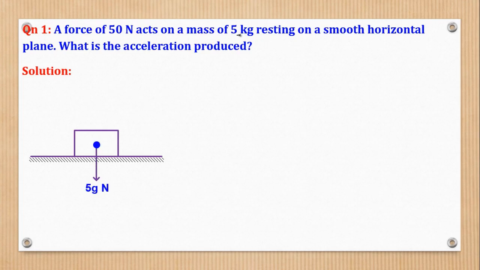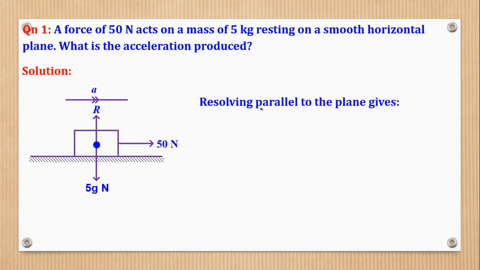It was 5 kg, it will now become 5g Newton. Then the normal reaction, because there is weight, there should also be normal reaction. Now here they said it is smooth, meaning there is no friction. What is there is only the pulling force, which is 15 Newton. And the direction of motion will be in the direction of the pulling force.